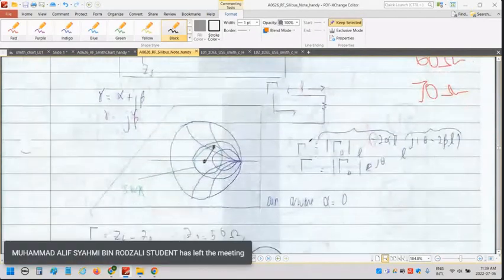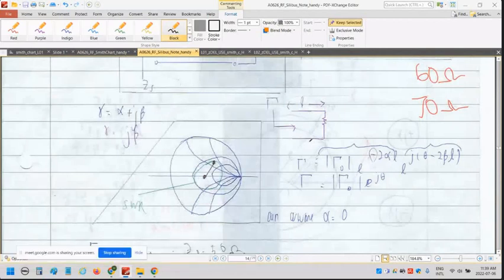For tau here, the relationship is tau naught in modulus, meaning the magnitude, multiplied by e to the power of -2 alpha L, multiplied by e to the power of j (alpha minus 2 beta L).